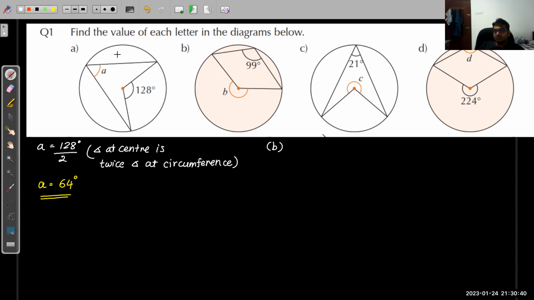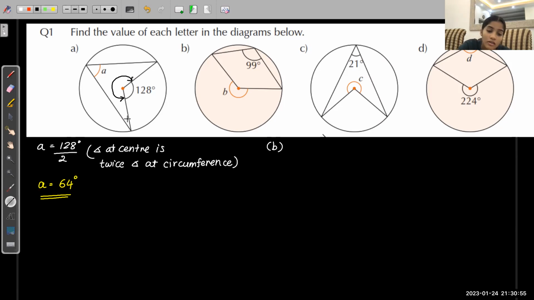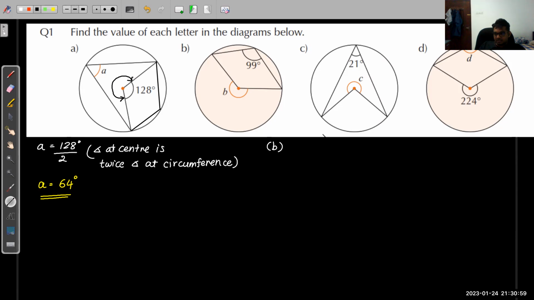Let me show you something from the first picture. Can you see this is the angle subtended at the center, which is 128? If I draw this angle, this is a reflex angle. If I connect these points, this red one is the angle subtended from these two points at the circumference.